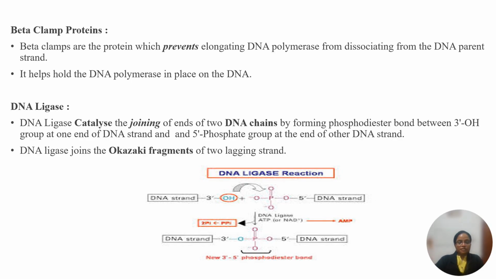For example, in the DNA replication process, it helps in joining the Okazaki fragments together, because we know that the lagging strand is being synthesized discontinuously in fragments called Okazaki fragments. So when the replication process is done, these Okazaki fragments are joined together to form one continuous strand. This is done with the help of the DNA ligase enzyme.